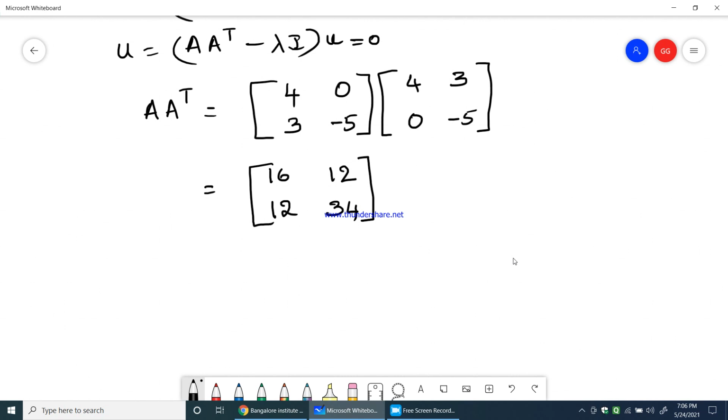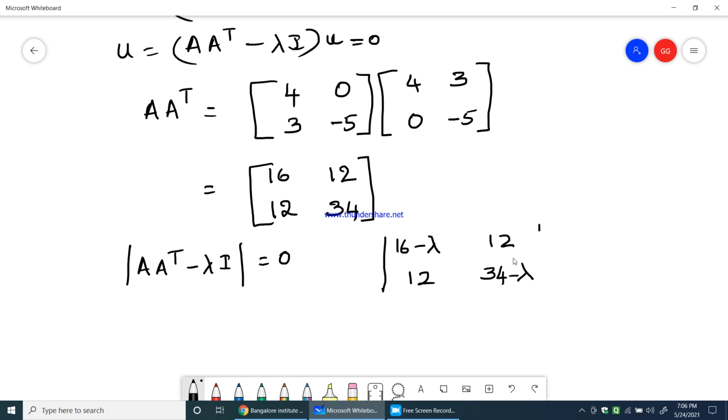Now to find U, first of all we take A A transpose minus lambda I equal to 0, so we take the determinant of this. I will get 16 minus lambda, 12, 12, 34 minus lambda equals 0.